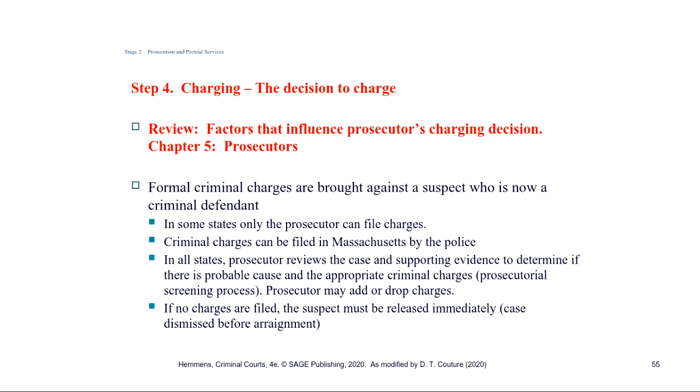If the police arrest and file a complaint and the prosecutor reads it and says there's no probable cause here, the prosecutor has a duty to dismiss the charges before the person is arraigned in court.